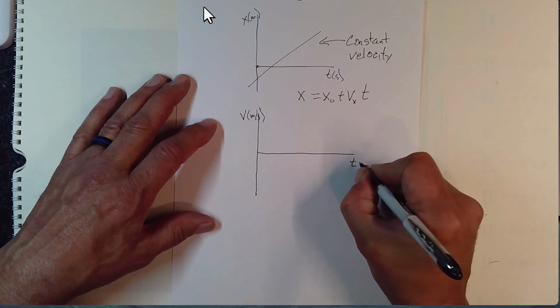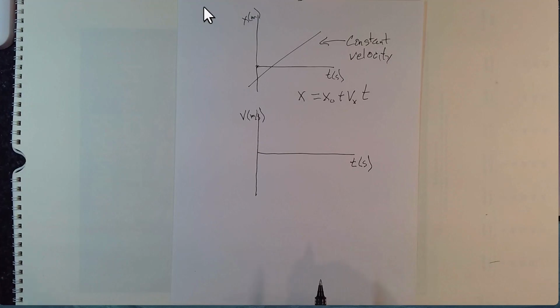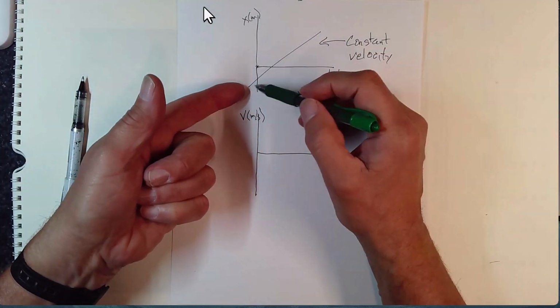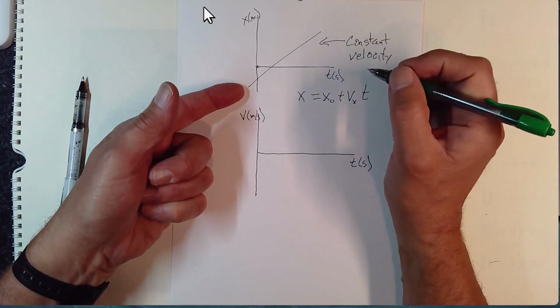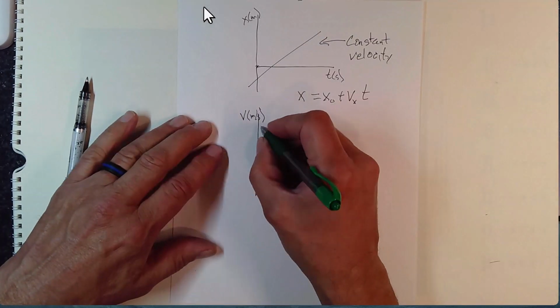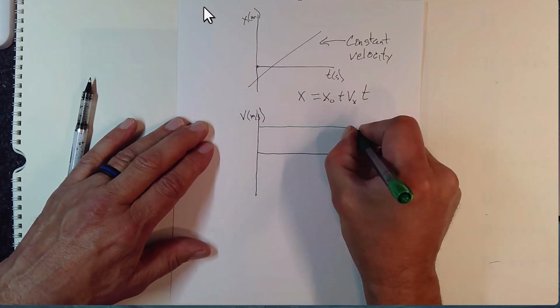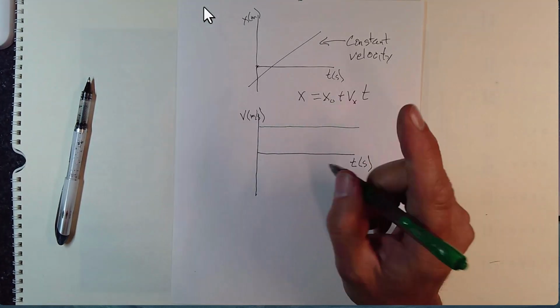And time in seconds on the horizontal axis. Now, with a graph like this, if we had a situation where we have constant velocity, the graph is not going to be particularly interesting. It's just going to be something like that. It's going to be a flat straight line.